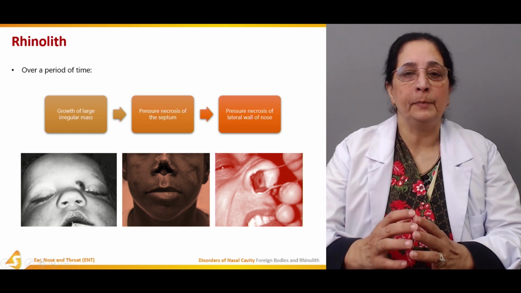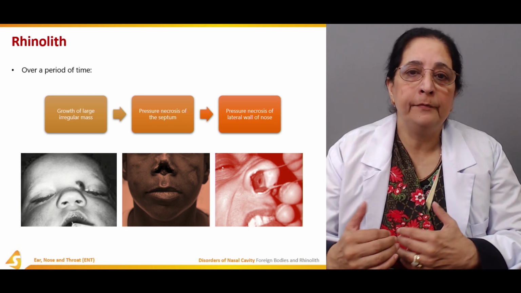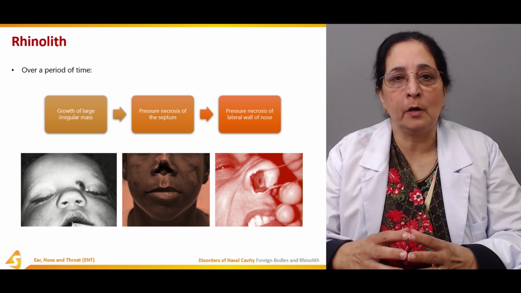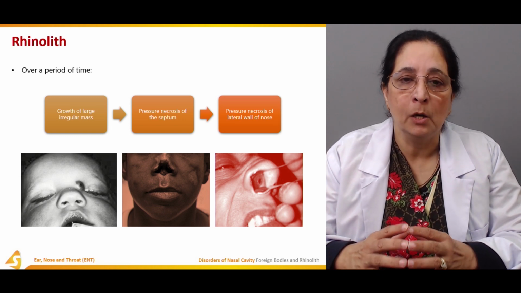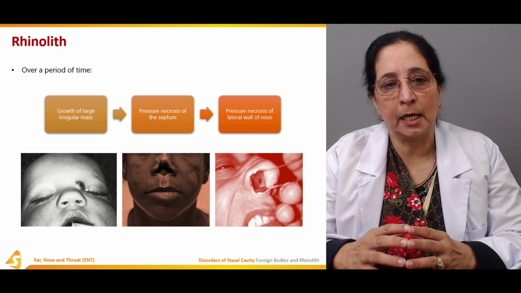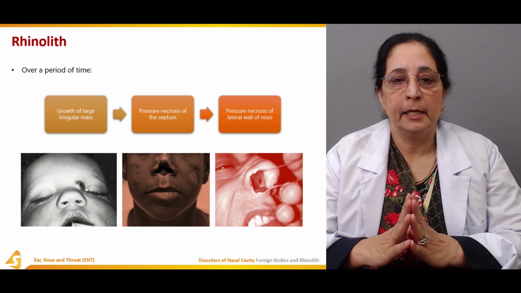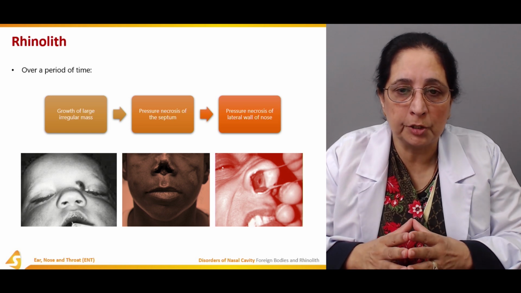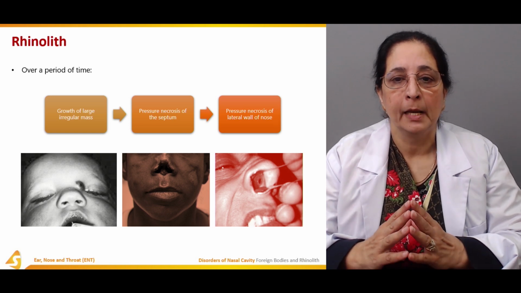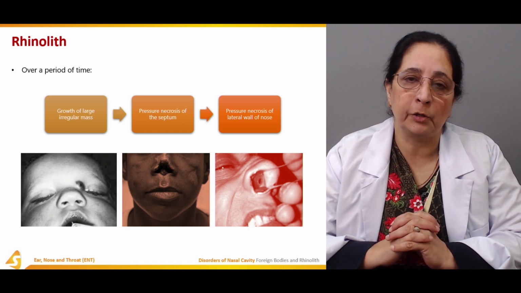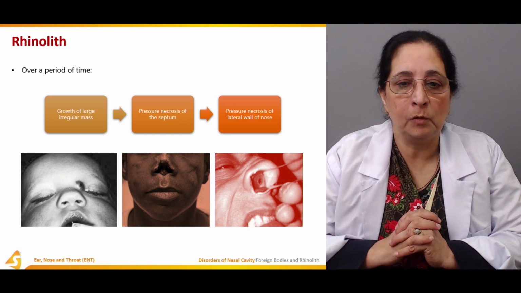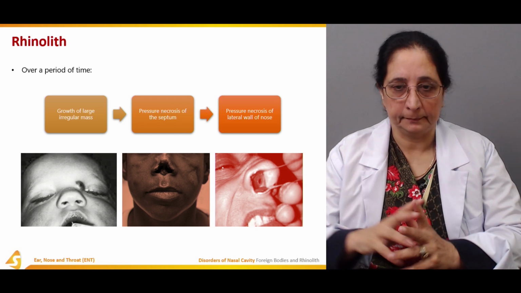So all these complications can occur if the stone or rhinolith is present for a long period of time. It can grow into an irregular mass, cause pressure necrosis of the septum, and also cause pressure necrosis of the lateral wall of the nose.